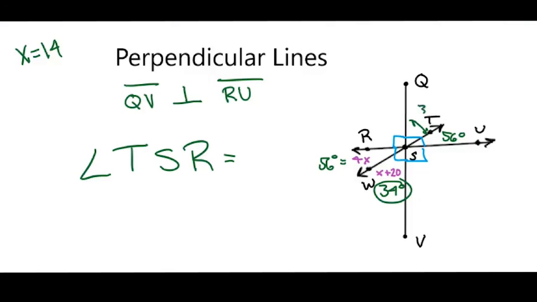So that would be 34 degrees, and this is 90 degrees. So I add up 90 degrees plus 34 degrees, and that's 124 degrees. So angle TSR is 124 degrees.